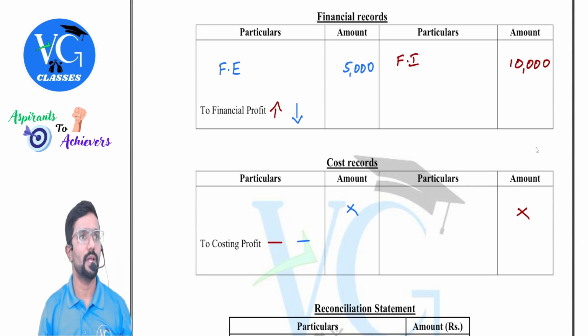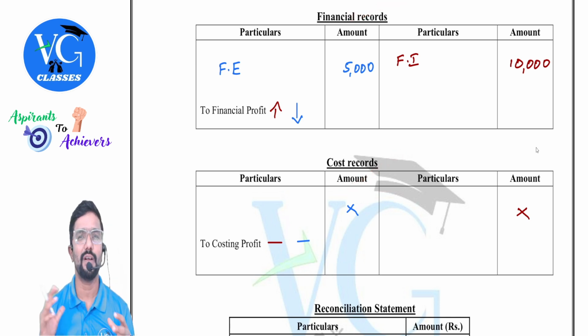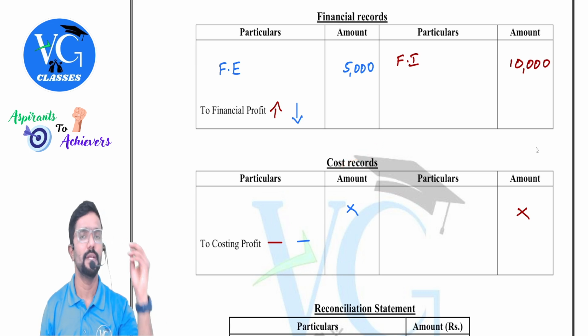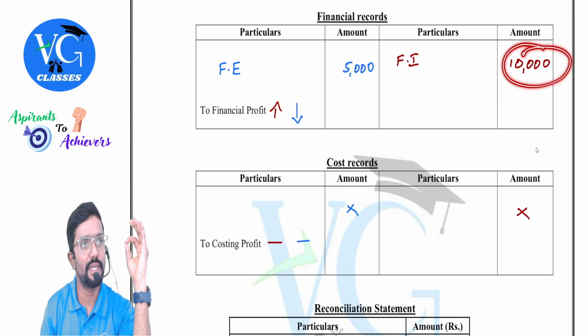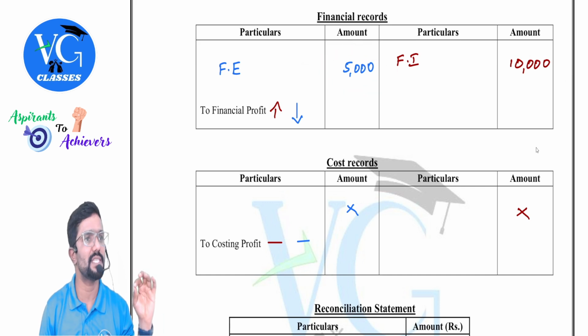Now, listen, guys. This is the financial record. This is the costing record. For costing records, normally you prepare a cost sheet and all, but I have taken it in the form of an income statement. Let us take it as costing P&L. Let me start with financial expenses because that is what we have just now covered.